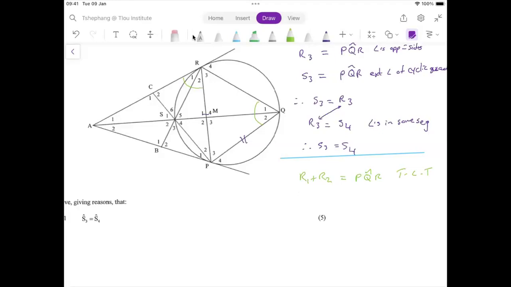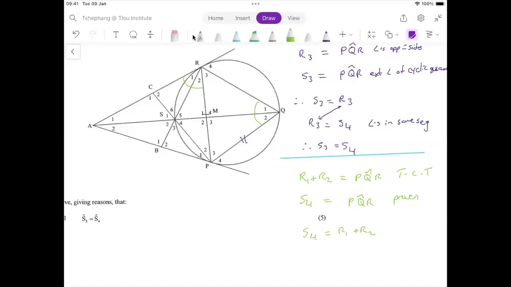Then we can also say S4 is equal to PQR. This was proven. Now, we can conclude that S4 is equal to R1 plus R2.